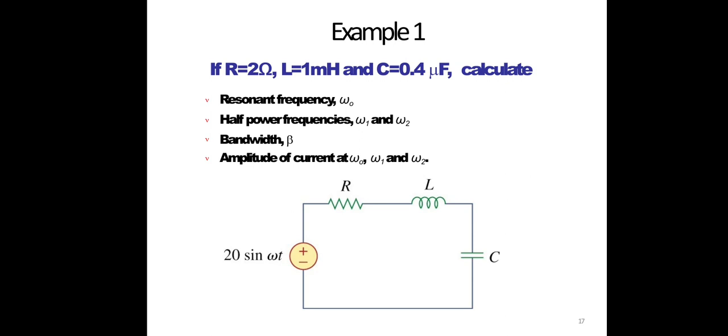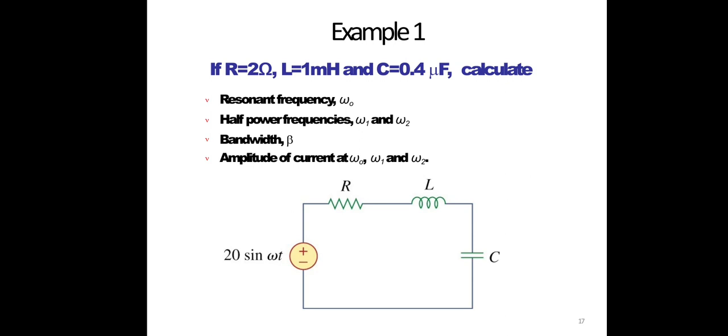Whatever we discussed about the series resonance circuit, you have to use those formulas and calculate the required parameters. The parameters given are resistance 2 ohms, inductance 1 millihenry and capacitance 0.4 microfarads, and you need to find all parameters like resonant frequency, half power frequency, bandwidth and the amplitude of the currents.